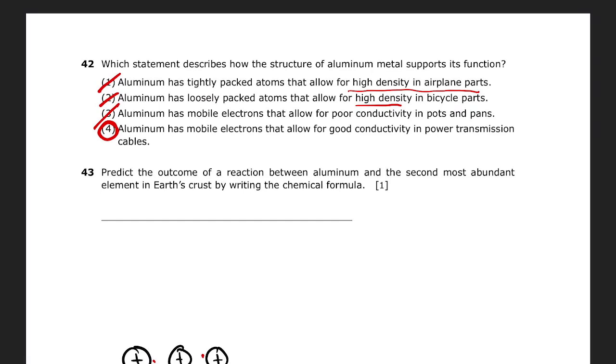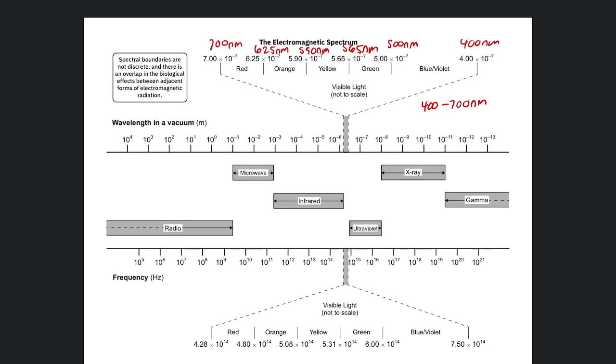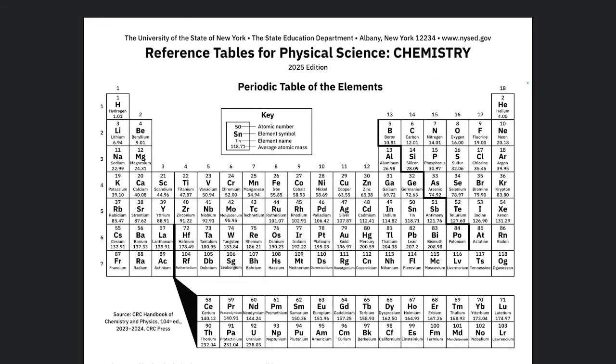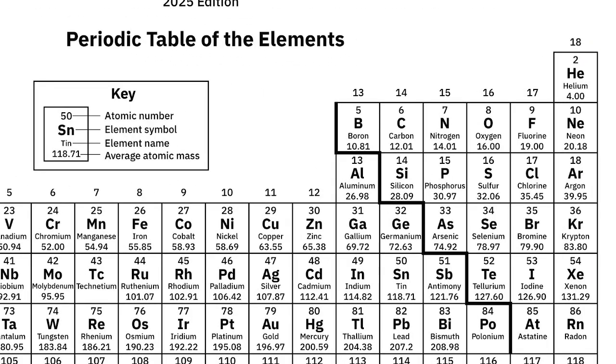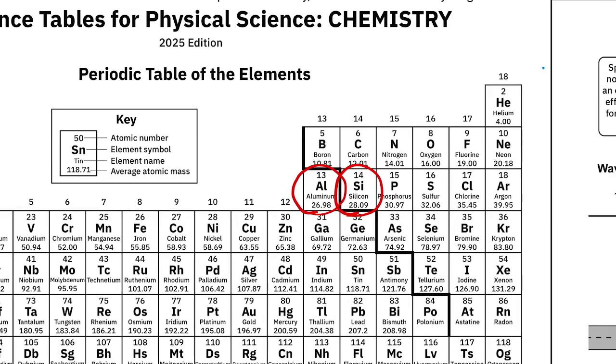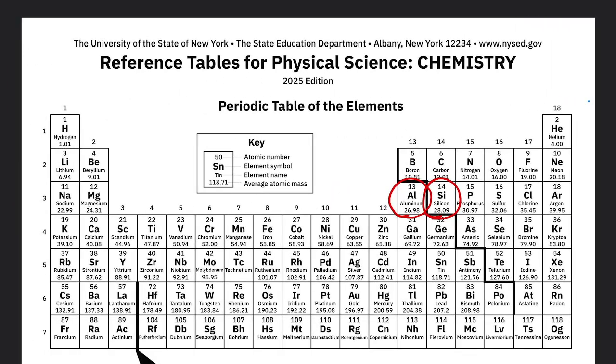So we want to figure out what the reaction between aluminum and silicon is going to yield. We're going to have to crisscross this. So let's go to our periodic table and look for aluminum and silicon. Okay, right here is aluminum and here is silicon. So what we need to do is figure out the charges that these ions are going to have.